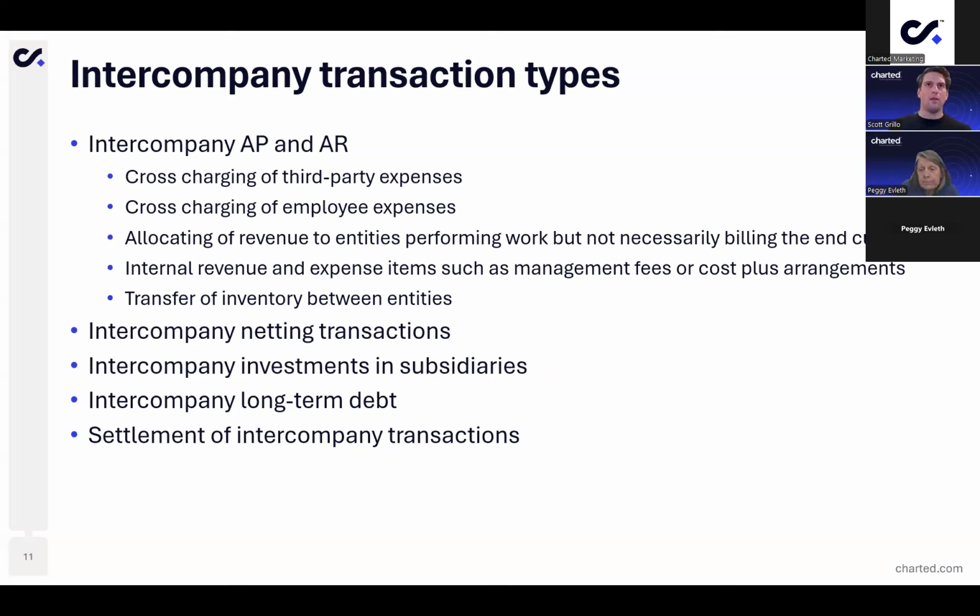Last question showing up is on the intercompany netting front. How does NetSuite handle multiple currencies between the two counterparties? So if the currencies match, it matches those. Remember, it's at the transactional level that you're doing this, so it is going to try to net them against those currencies.